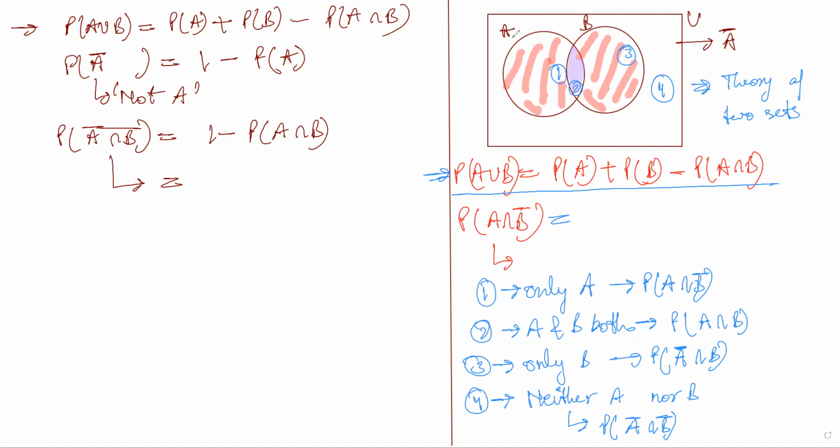Let's say you are given the probability of A, right? So this whole circle is known to us. We just want to find out this portion first. We do not want the second portion. But we also know the second portion, because the second portion is PA intersection B. So I can write it as PA minus PA intersection B. Is it correct?